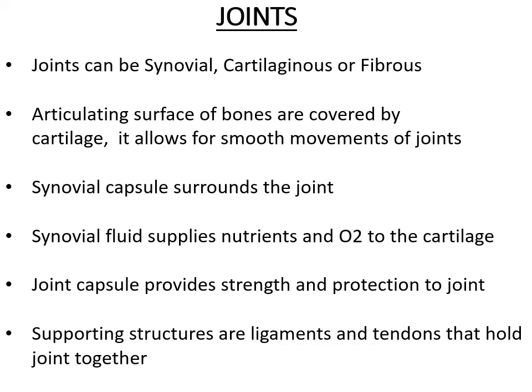So when we think of articulating surfaces of bones, i.e. joints, they're covered by cartilage, and they're typically covered by synovial cartilage. Nice and smooth to keep friction down and to allow the joint to move smoothly and with minimal resistance.